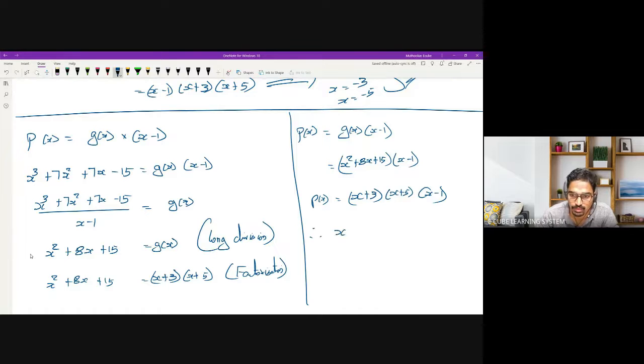So for x equal to minus 3, minus 5, and 1, each factor we set to zero. These are the zeros of P of x.